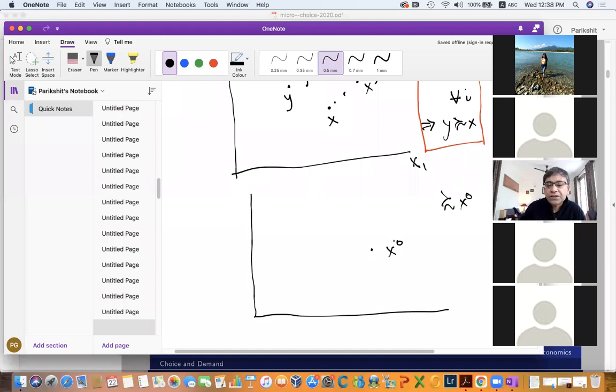Okay, the weakly preferred set. And this is a set of all points such that X0 is weakly preferred to each of them. So weakly better and weakly worse sets. So another way to state the continuity axiom is to say that these two sets are closed sets, meaning they include their boundary points.